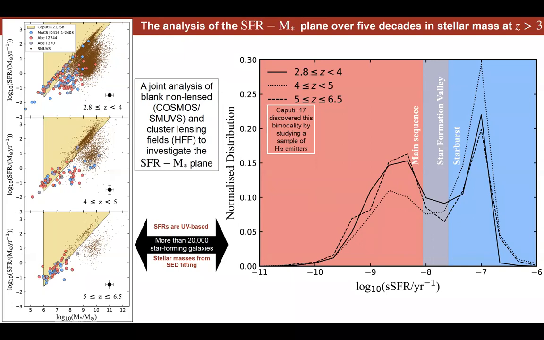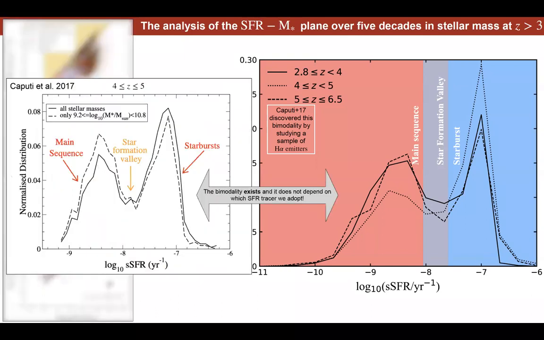And as you can see here, we are able to find this kind of bimodality in the three redshift ranges, and we decided to compare our result to what Caputi and collaborators found back in 2017.